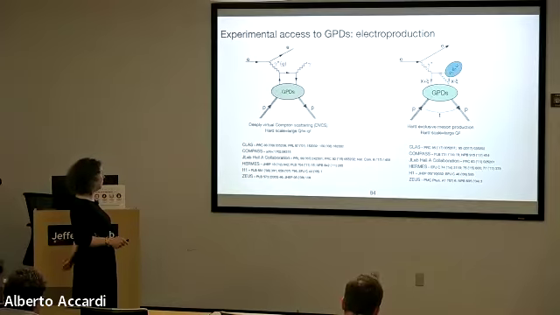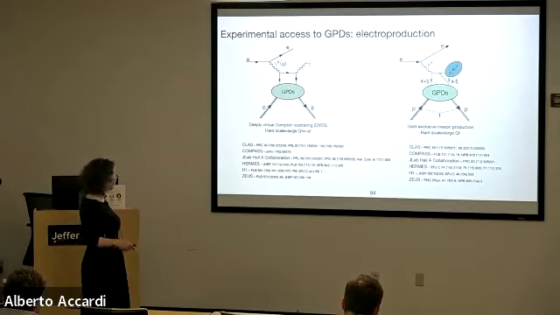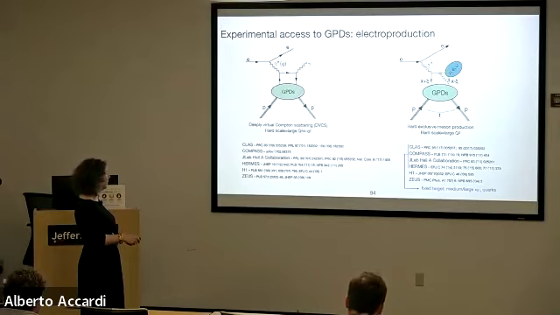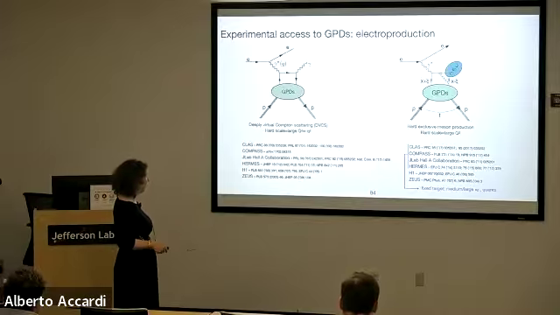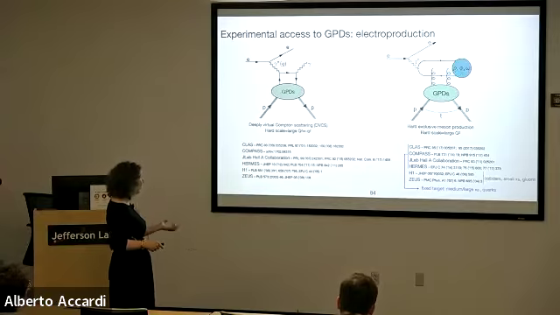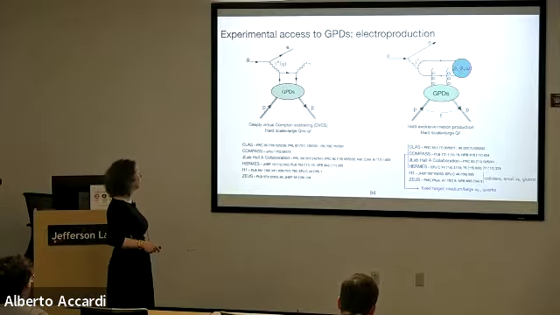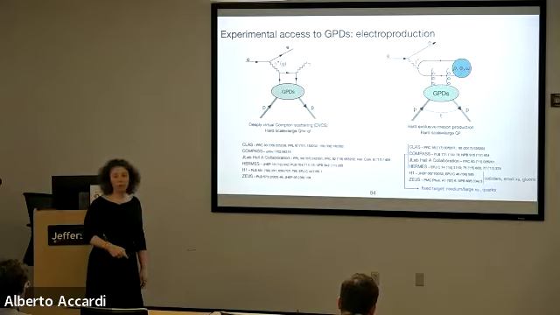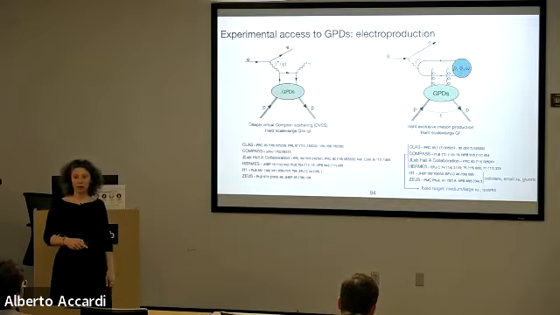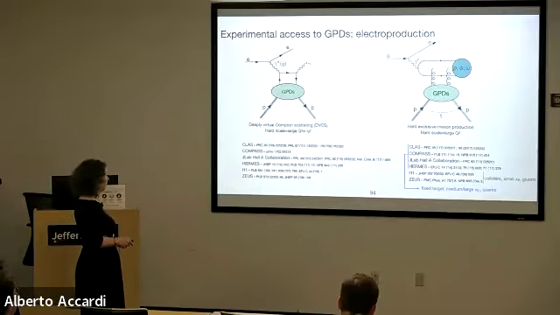These measurements have been performed at exactly the same experiments. At the fixed target experiments, you're at lower energy, so you're basically probing quarks. But at the collider experiments, you're at higher energy and accessing smaller x-Bjorken regions, and there you're basically probing gluons when you study exclusive vector meson production.